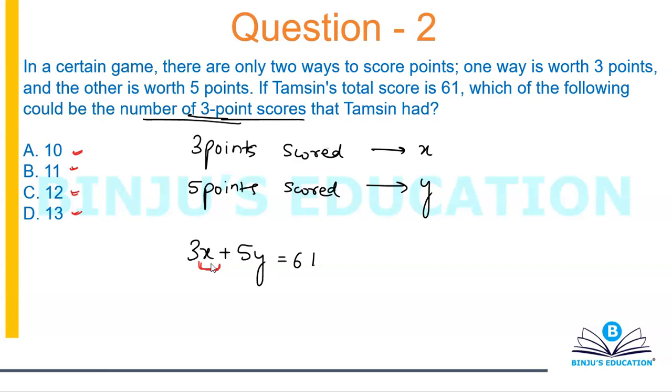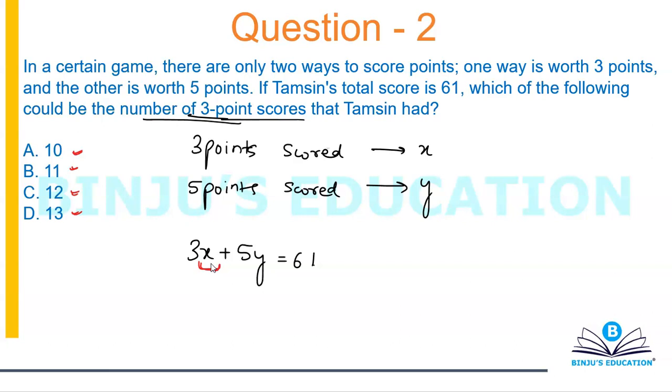Like for example, you will score 6 fives or 4 fives or 3 fives. You will never score a decimal number of 5 points, right? That's not possible. So you will plug in different values of x and find out which option gives you an integer value of y.